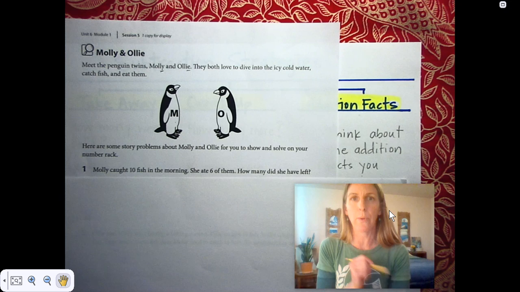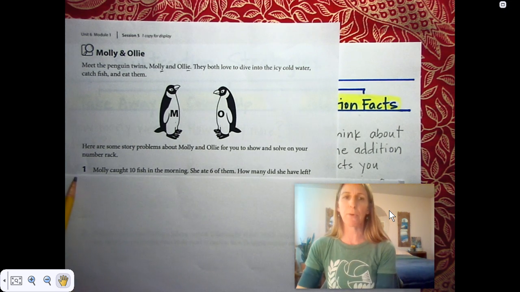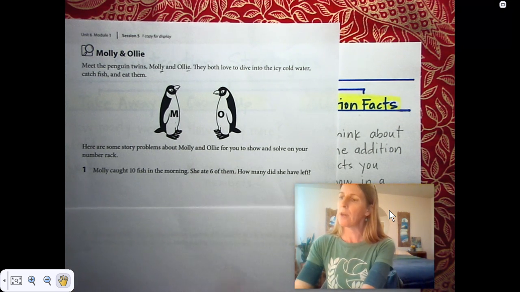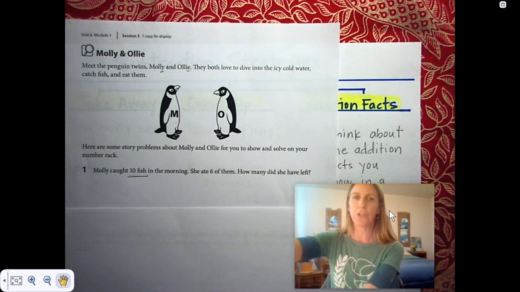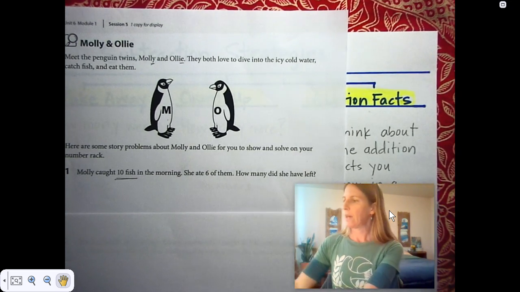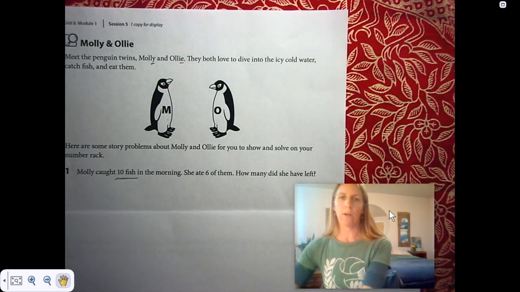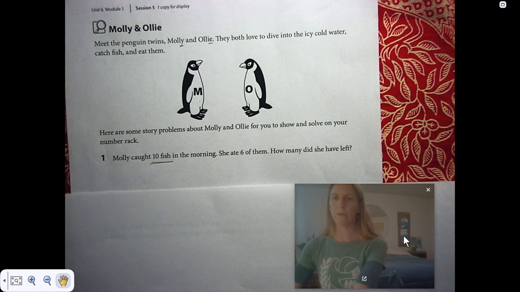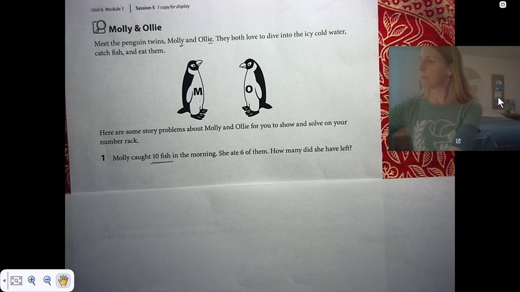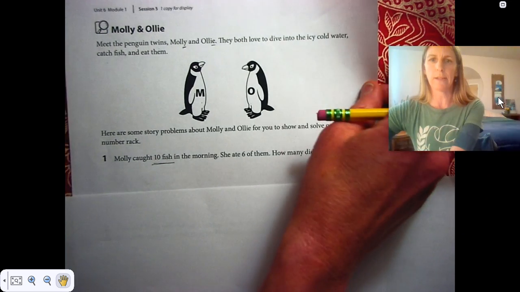All right, here's our first example. This is a takeaway practice. So number 1 says, Molly caught 10 fish in the morning. I think I need to move some of this stuff for you here. I'm looking at my document camera, and it might be kind of hard for you to be figuring out what's going on. All right, here, let's try again.